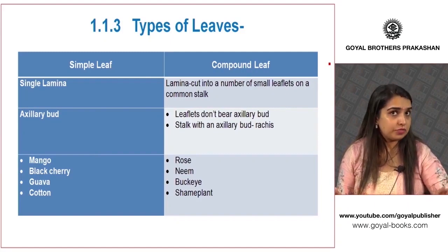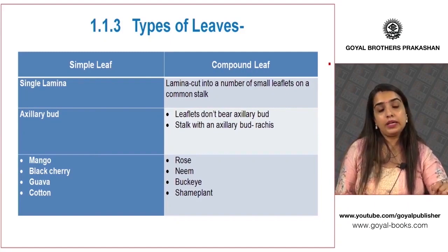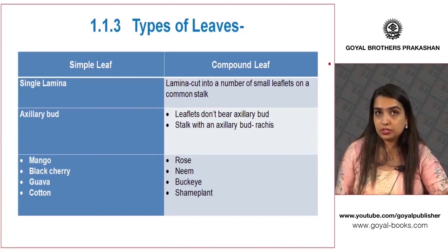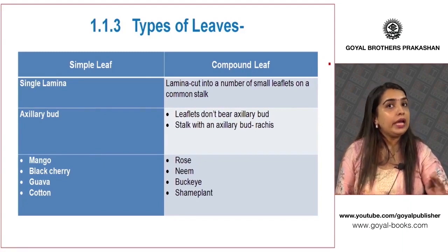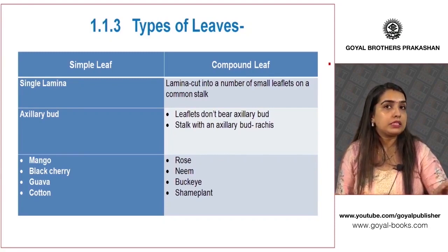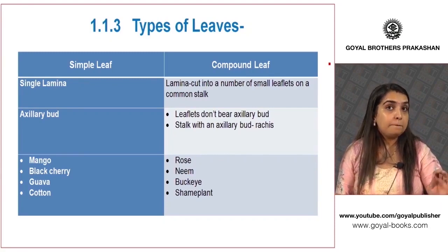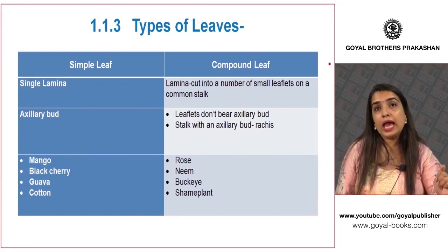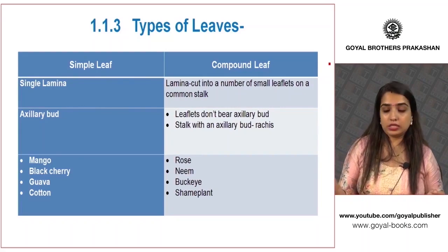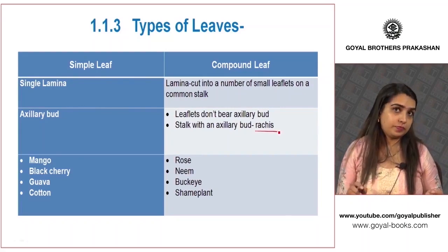So that's the only difference, followed by the fact that a simple leaf has an auxiliary bud, whereas in compound leaves, there are no auxiliary buds in the leaflets. But if a stalk has an auxiliary bud, it is called as rachis.